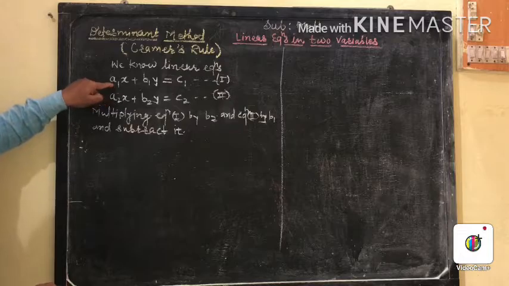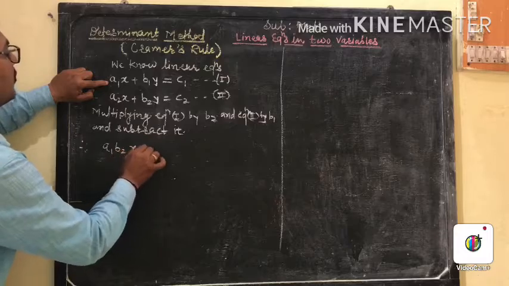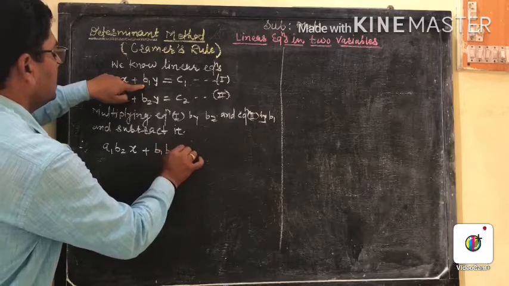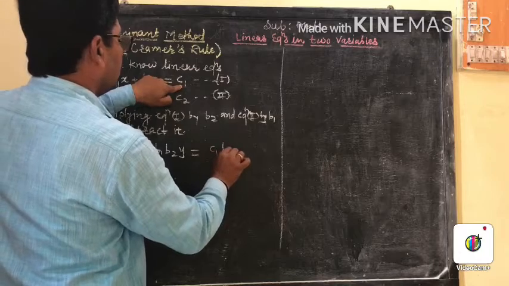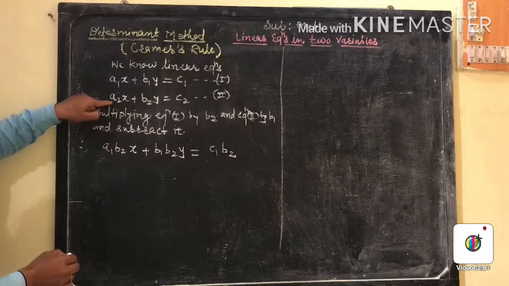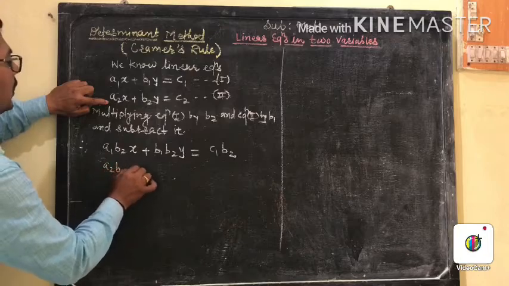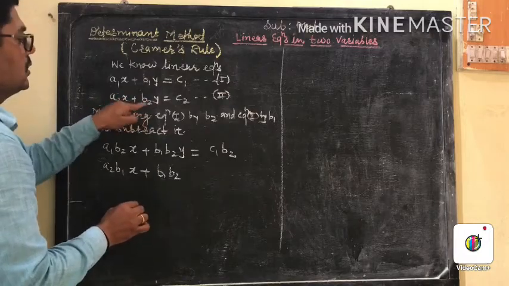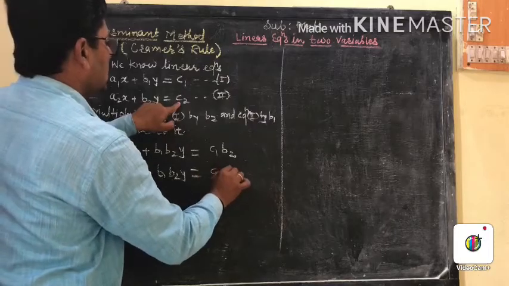Multiplying equation 1 by b2: a1 b2 x plus b1 into b2 into y is equal to c1 into b2. Multiplying equation 2 by b1: a2 b1 x plus b1 into b2 into y is equal to c2 into b1.